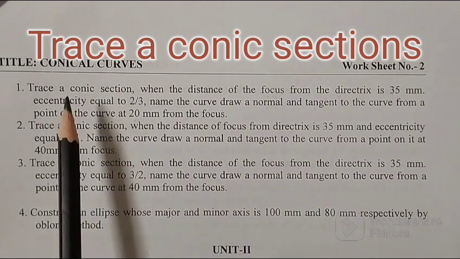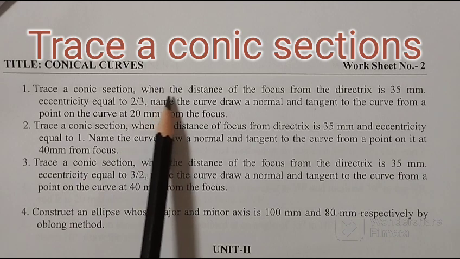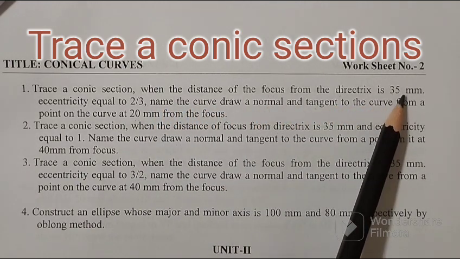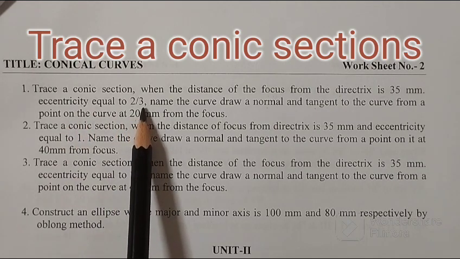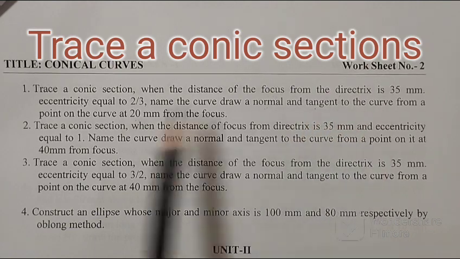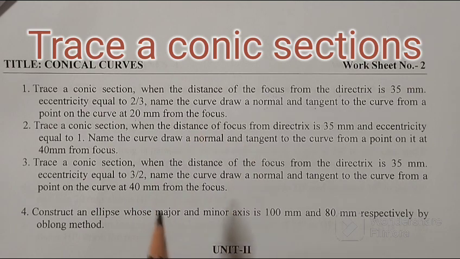If you see this question, the question is: trace a conic section when the distance of the focus from the directrix is 35 mm, eccentricity is 2/3, and draw a normal and tangent to the curve that is 20 mm from the focus.